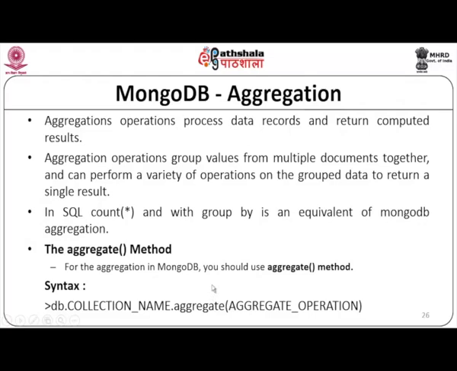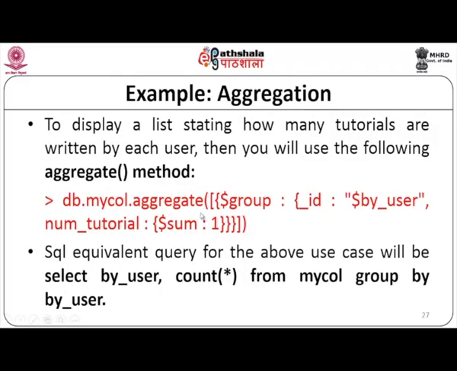The general syntax is db.collection.aggregate with the aggregate operation. So an example is db.mycoll.aggregate followed by the sum. The SQL equivalent for this function is selecting the user and displaying the count based on the user.